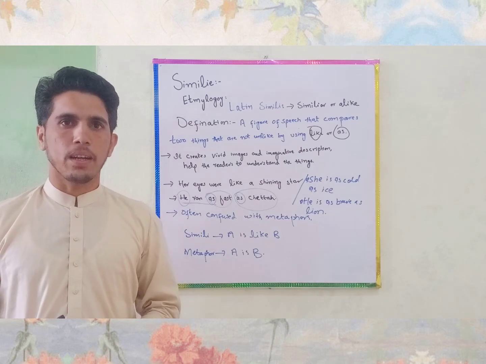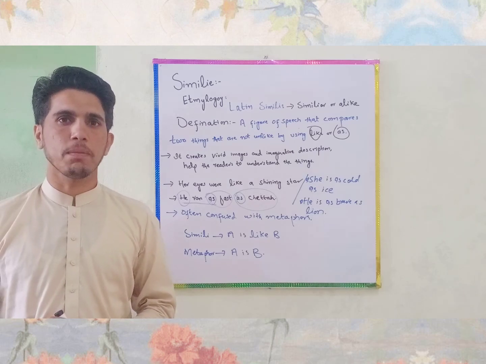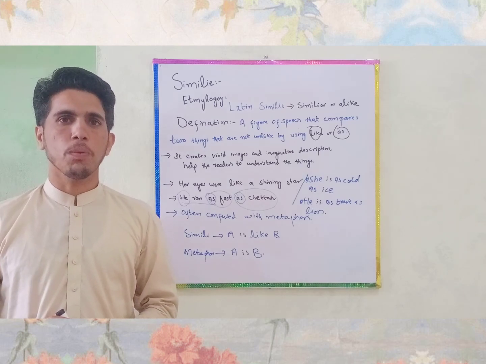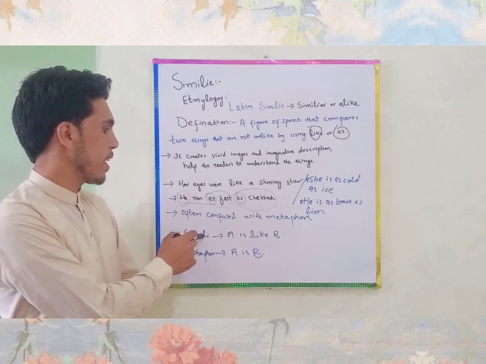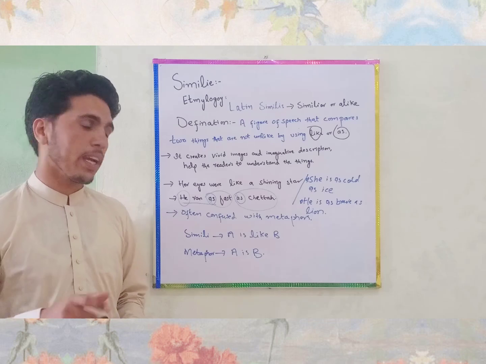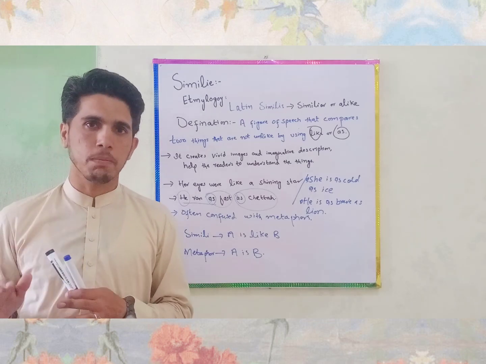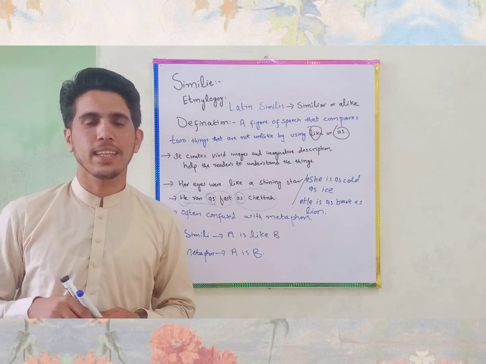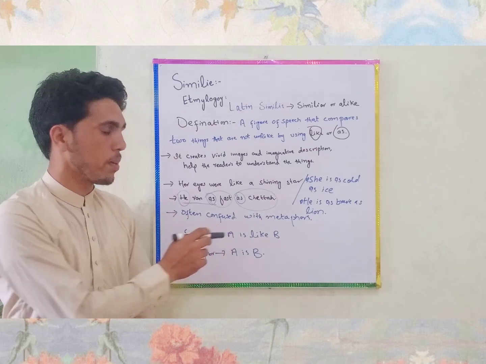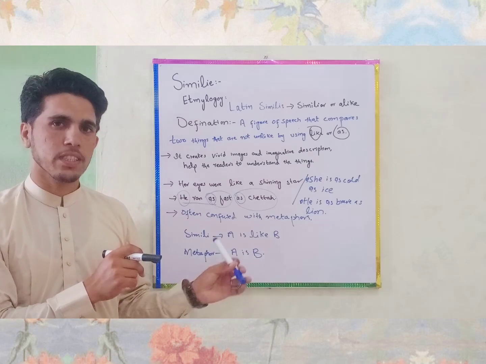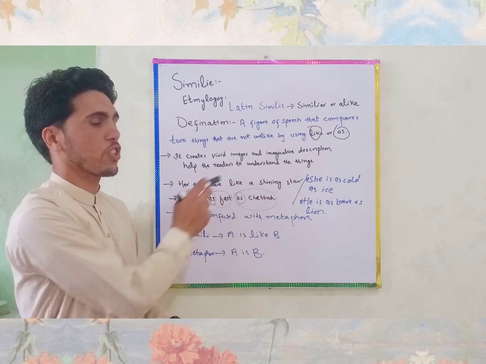In our last video, we discussed metaphor, and we said that metaphor is also a comparison. Hope you are not confused with it. Simile is a comparison which says that something is like another thing, for example, A is like B. But metaphor doesn't say that A is like B; metaphor says that A is B. Here, her eyes were like a shining star.